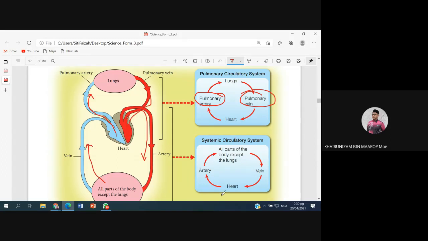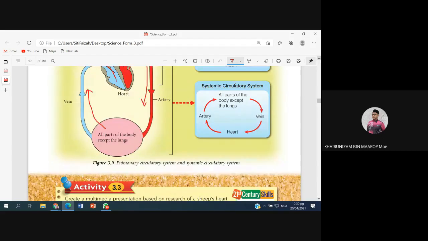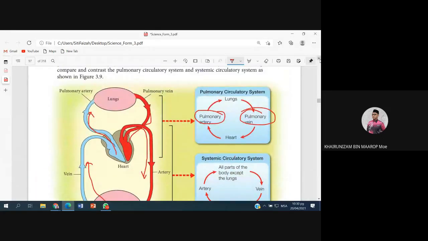So this cycle we call the systemic circulatory system. So we have two cycles, meaning a double cycle of the blood circulatory system. That's why we call it the double blood circulatory system. One is the pulmonary circulatory system and another one is the systemic circulatory system.